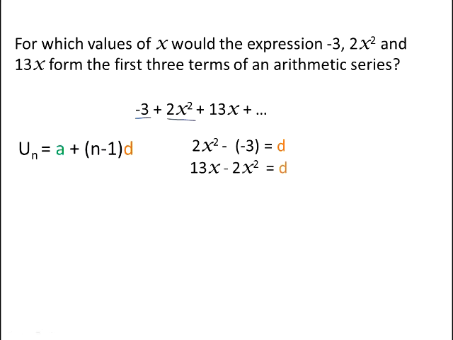So I know that this term, take away this term, is also going to give us that difference. And what I've done, I've written two equations that both equal d, and therefore both of those equations are exactly the same thing. So I can put them equal to each other.